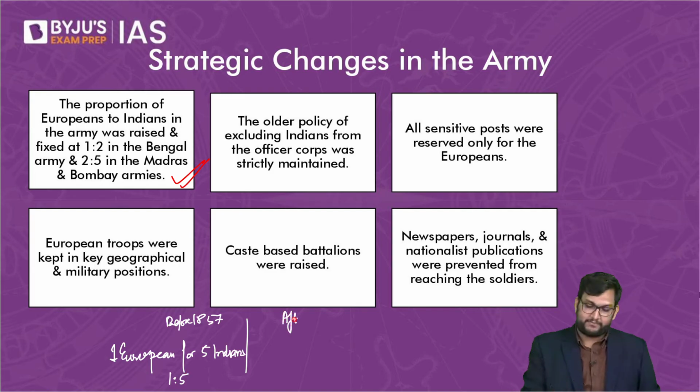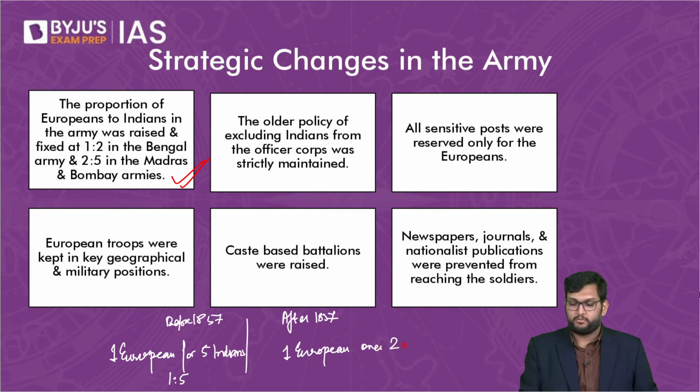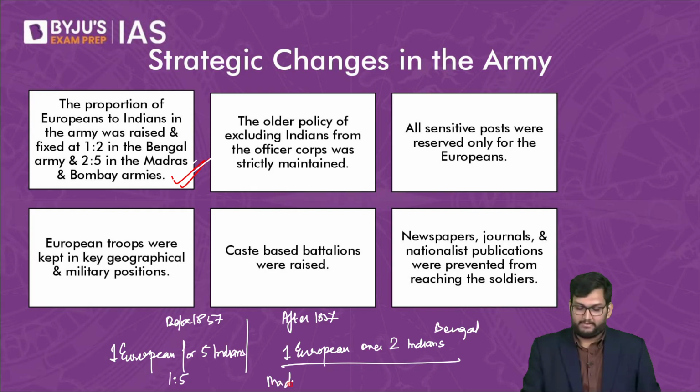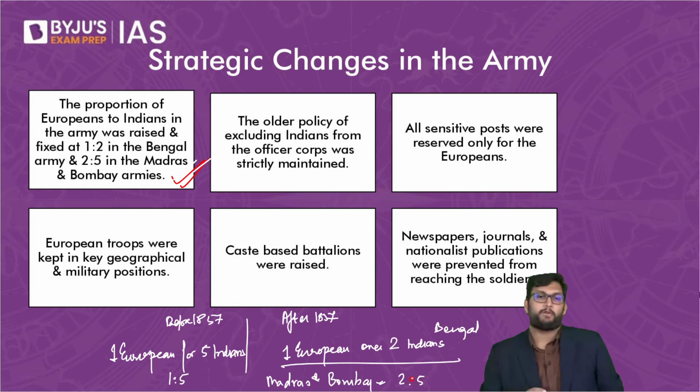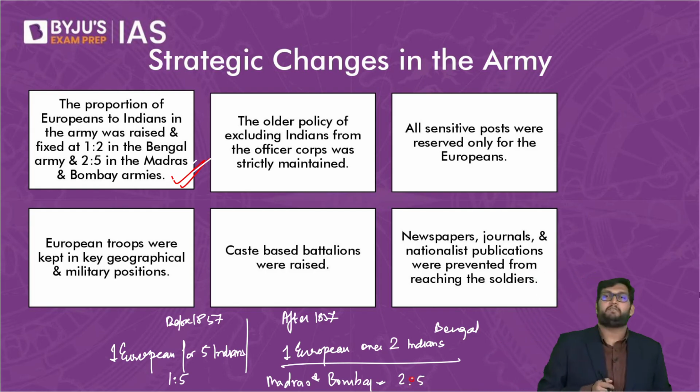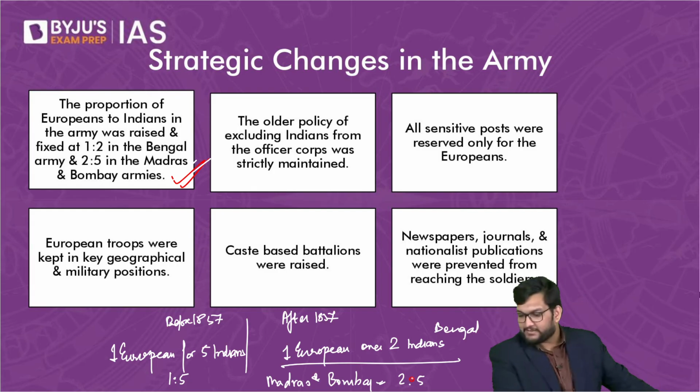Whilst after 1857, it became 1 European over 2 Indians, and in Madras and Bombay, this was Bengal, Madras and Bombay, it became 2:5, which is 2 European officers over 5.